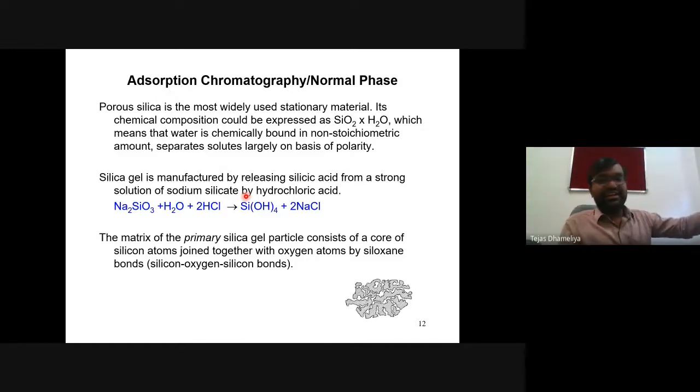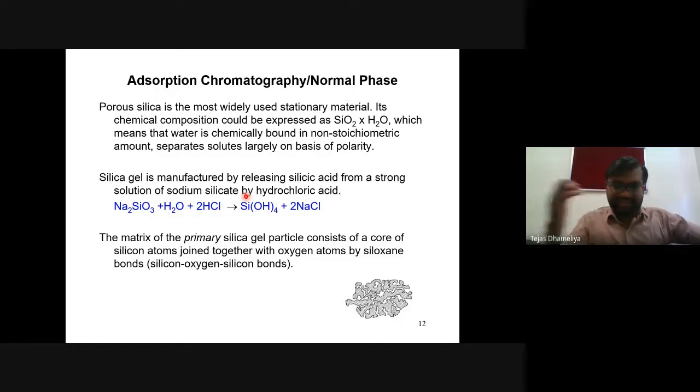The sand at the seaside where we go for a walk is also made up of this SiO2 silica. We can also use it in a more purified form, and in the lab the silica we are using is also SiO2. That is a colorless compound.